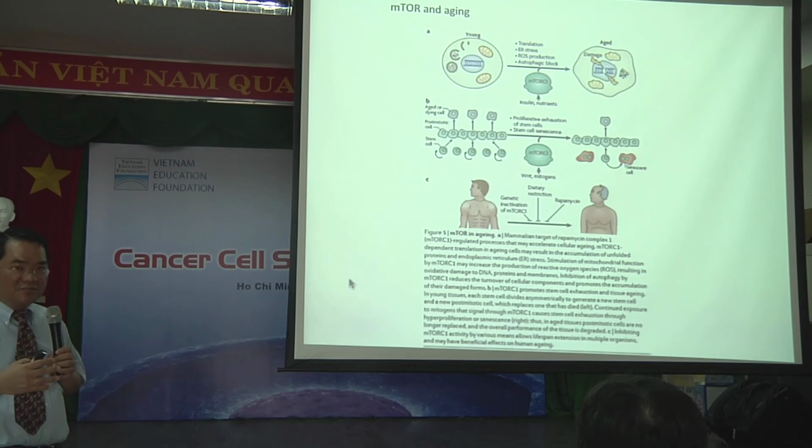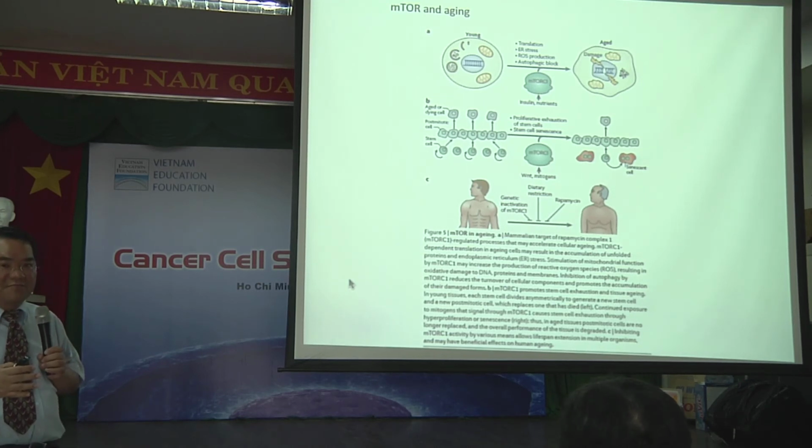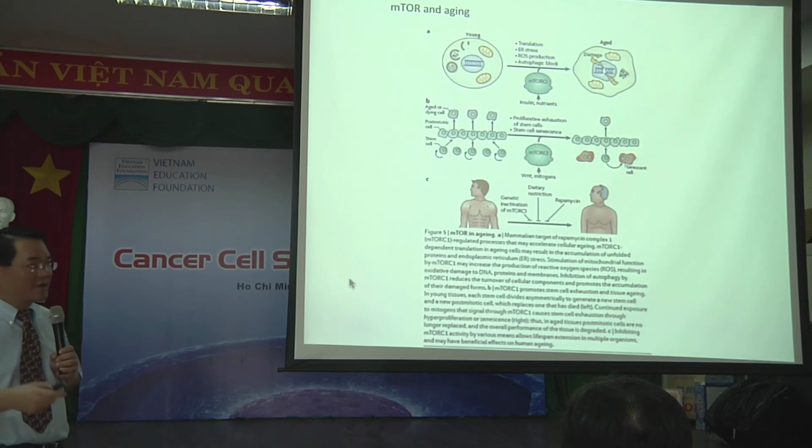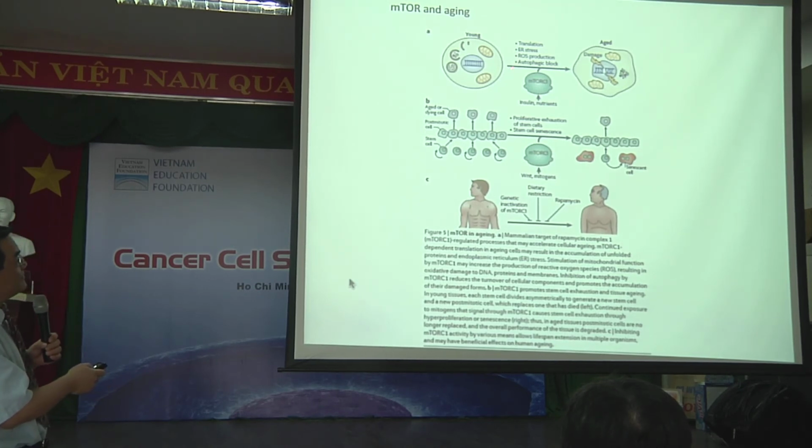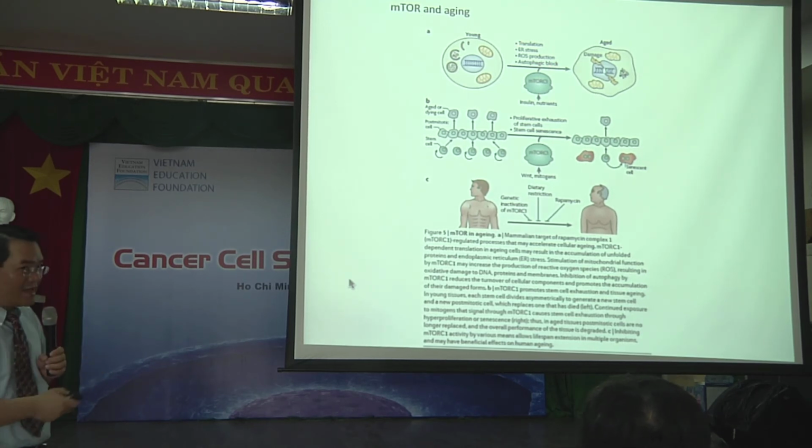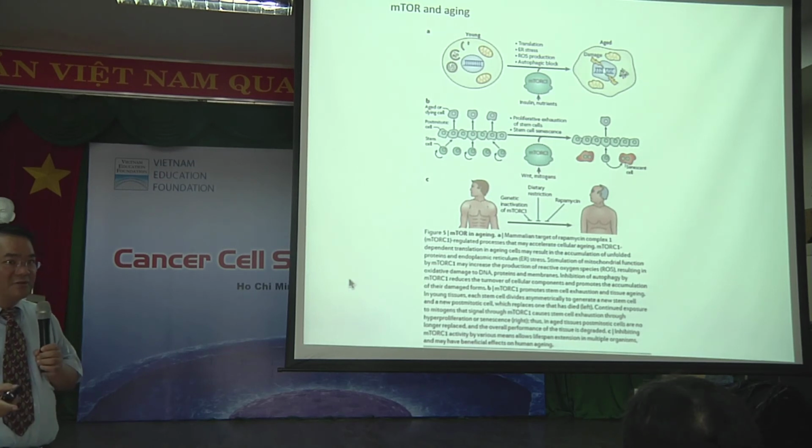But if mTORC1 is activated, it will act on certain components of the autophagy complex, preventing it from doing the autophagy. So mTORC1 has the capability to stop autophagy and continuously translate a lot of protein.